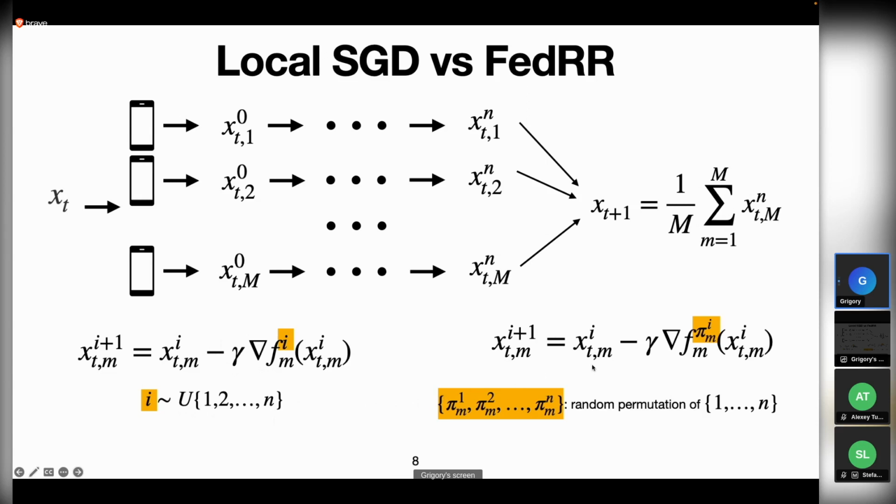Instead, in random reshuffling, we first sample a permutation of the data, and using this permutation, we sequentially go through these indices, which means each data point is used only once. In other words, we use sampling without replacement. This is the only difference between these two algorithms.